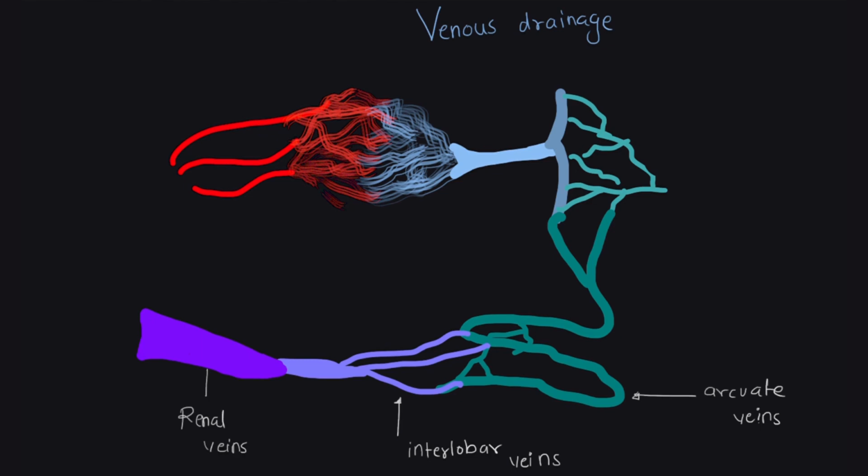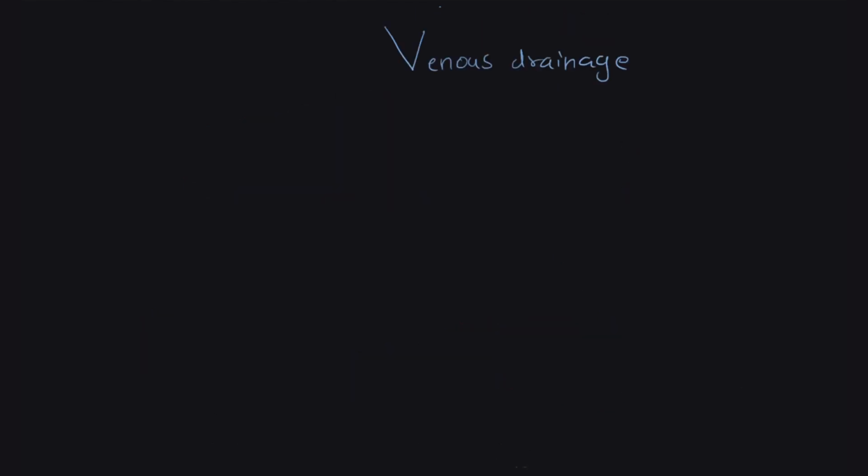As you can see, it follows a similar pattern to what we saw earlier in the arterial counterpart of the supply. But in the case of the arterial supply, it goes from up to down. Here we are going to go the reverse way, from down up, that is from the peritubular to the heart.